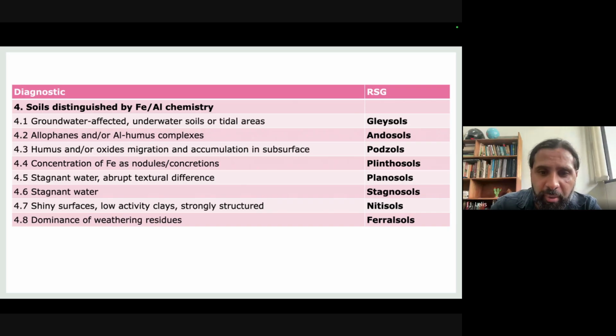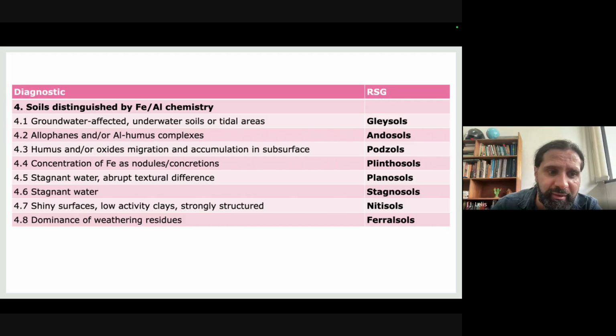We call planosols those soils that register stagnic properties, and these stagnic properties are connected to a huge amount of clay at the subsurface horizon. Okay, so planosols. And those soils that just register stagnic properties because, for example, an R layer is quite close to the surface and express these stagnic properties, we will call stagnosols.